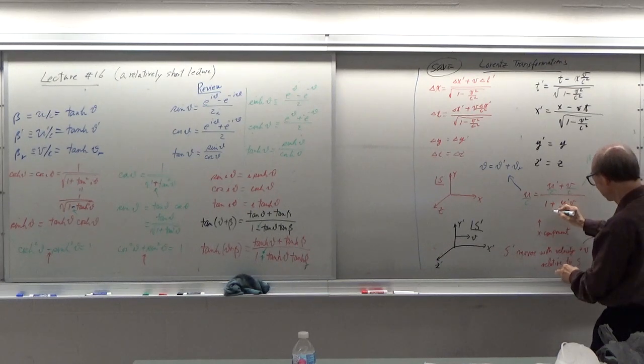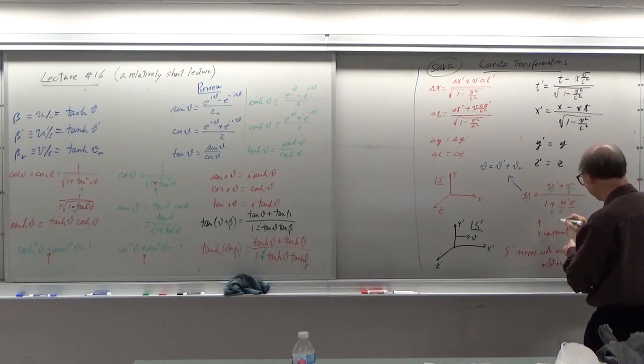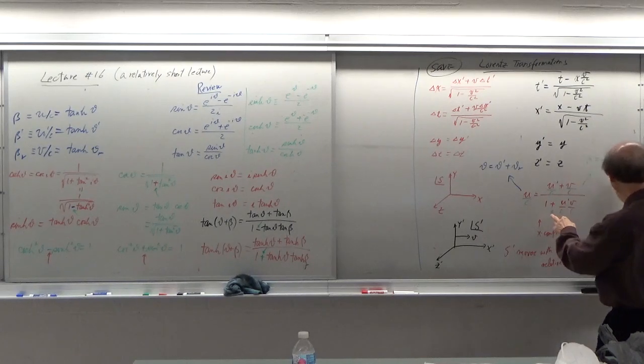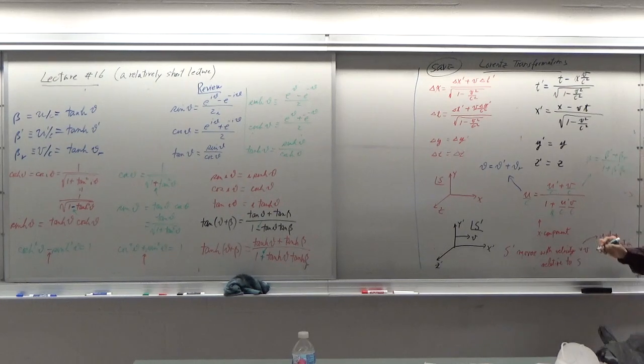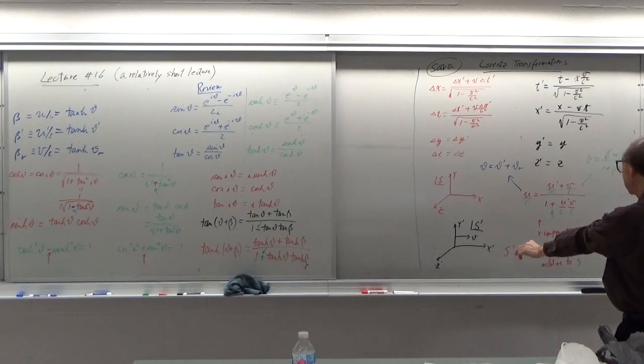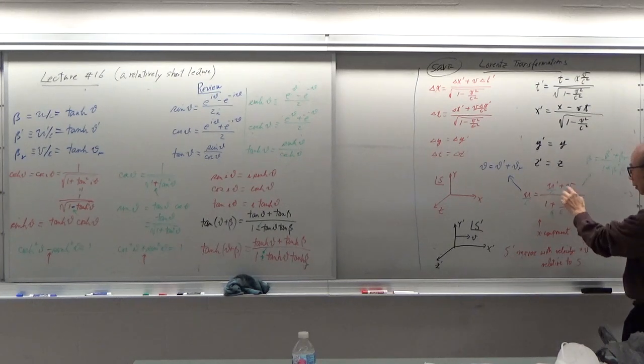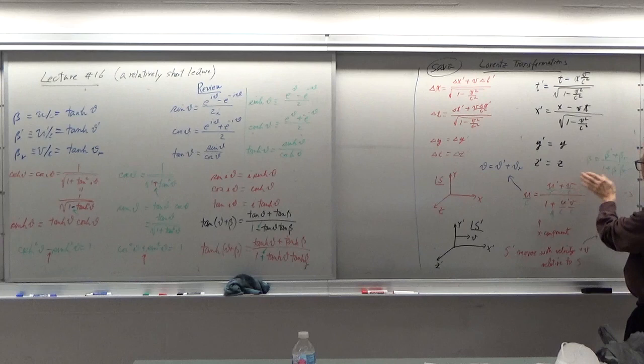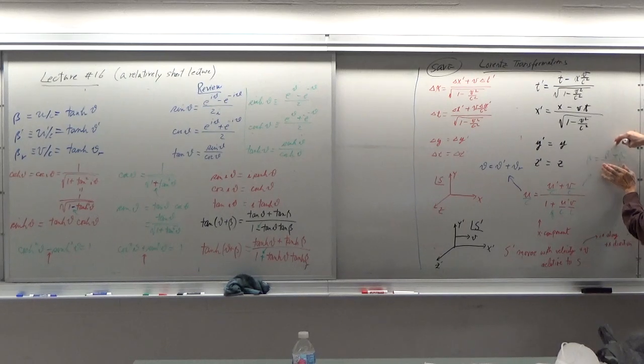The crucial thing is that this is plus and not minus, as we will see in a moment. The complication of addition of velocities as given by this now appears as the fact that beta is not just the sum of beta prime and beta sub r, but there's this denominator.